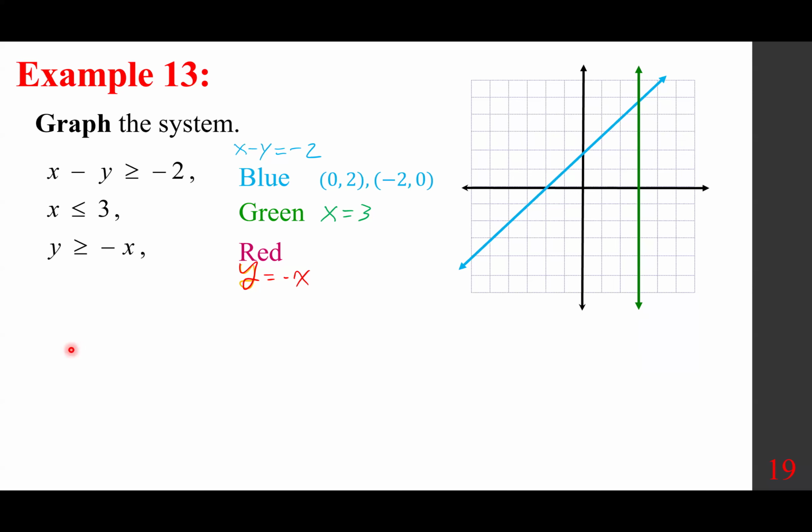This is the green line. And the red line, 0, 0, 1, -1.